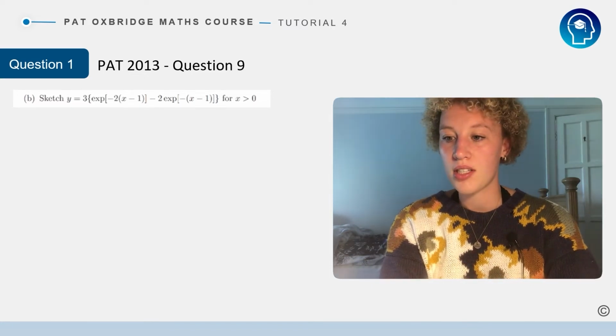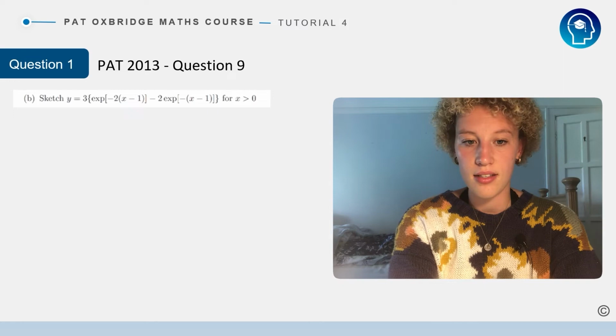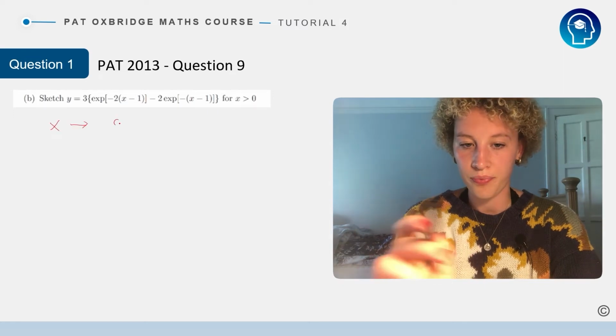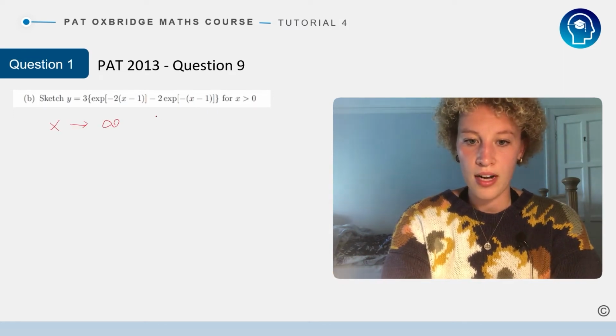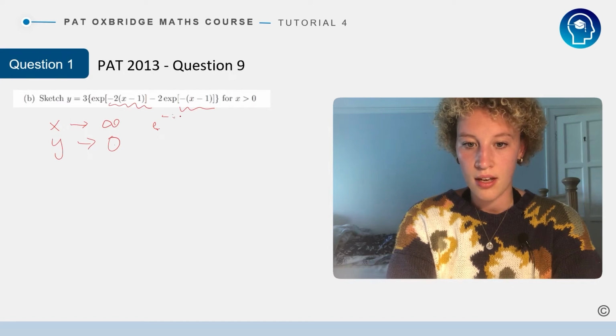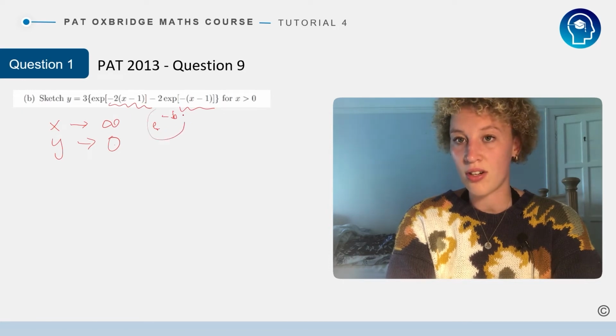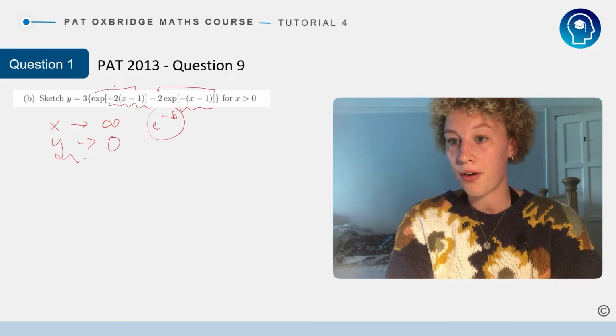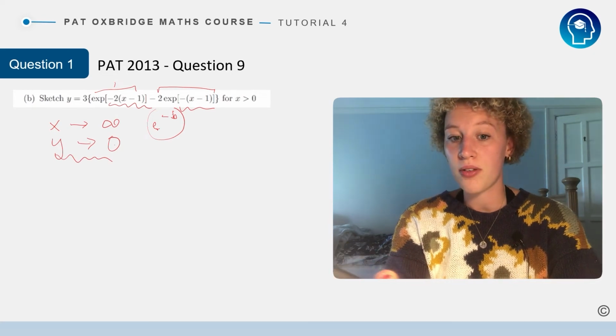From inspection, as x goes to infinity, because we've got e to the minus values here, y is going to tend to 0. As this power, let's call it b, increases to infinity, this term is just going to go to 0. This will happen for this part and this part, so overall, y will tend to 0. So we have that asymptote there.